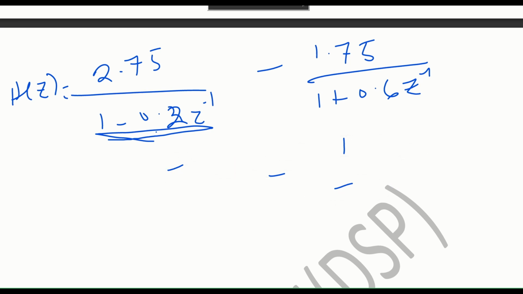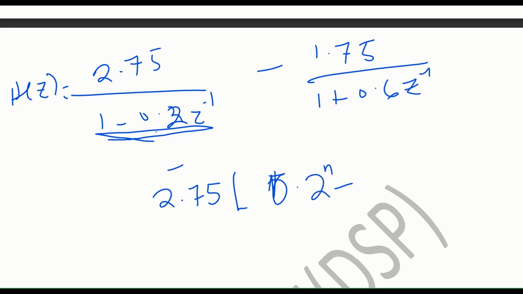So it means that the inverse of 1 over 1 minus 0.2z minus 1 will just be 2.75 as the numerator, multiplying 0.2 raised to the power n times u of n.